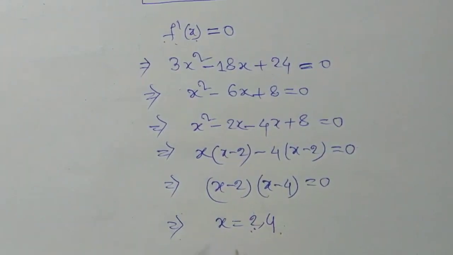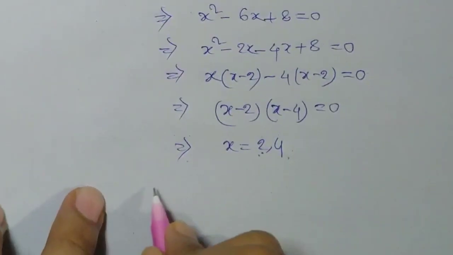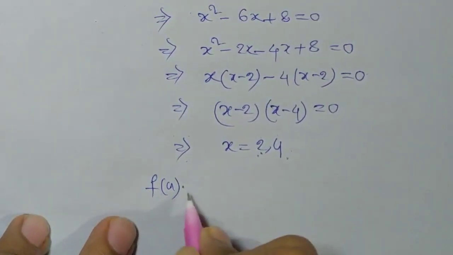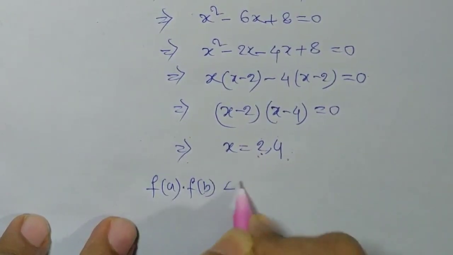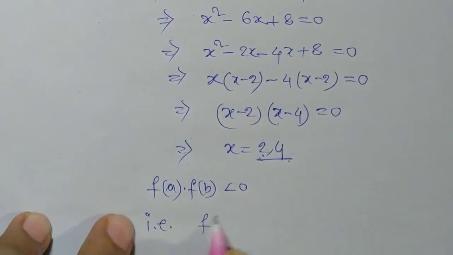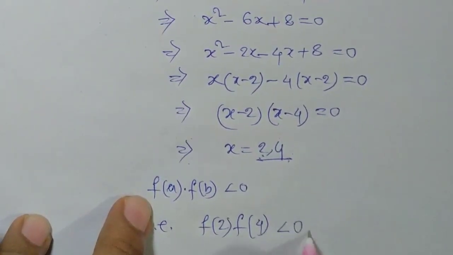So from this result we have f of a into f of b less than 0. That is, consider f of 2 into f of 4, this will be less than 0.